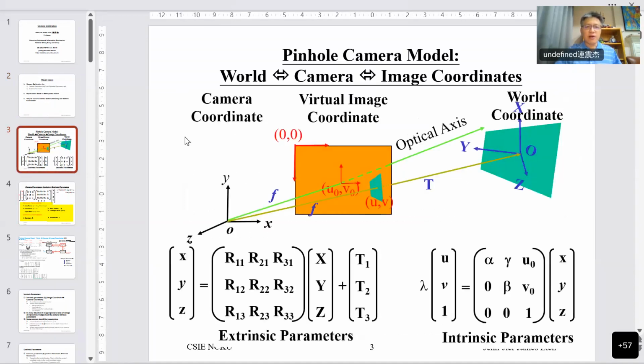So we already talked about the camera model. In the camera model, we have a world coordinate. Any object is in world coordinates.